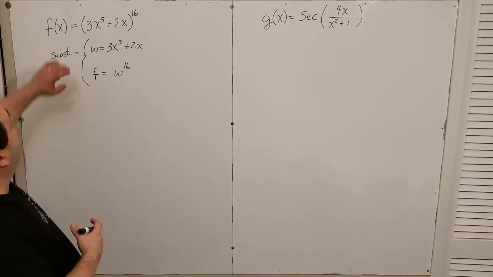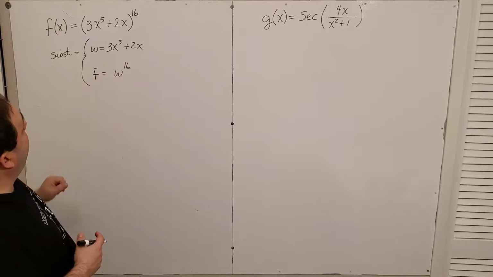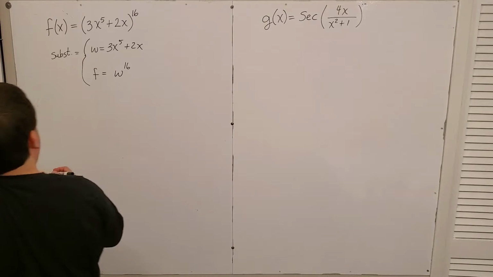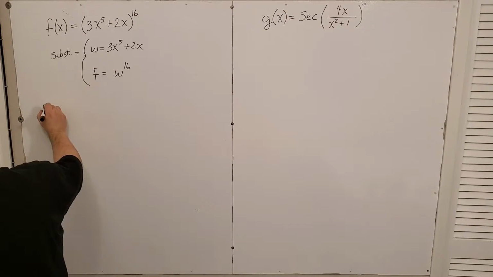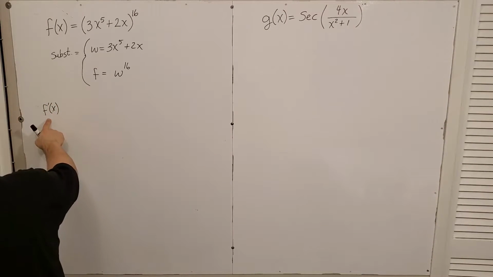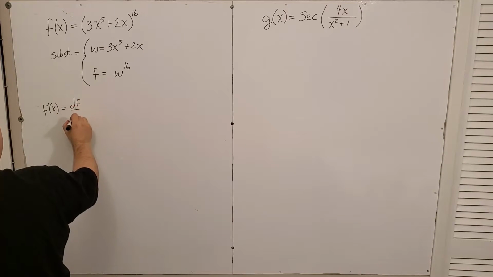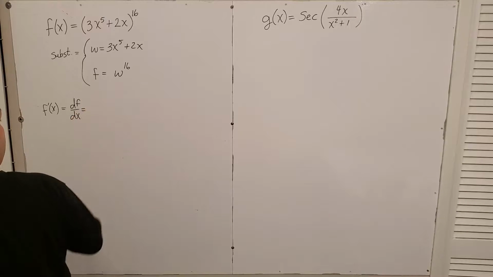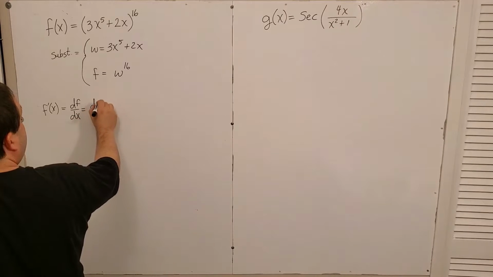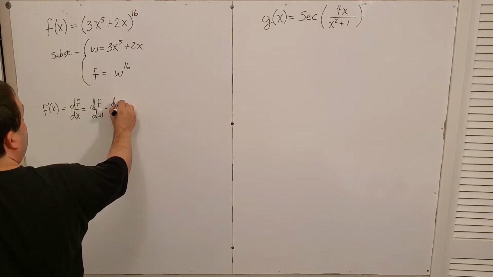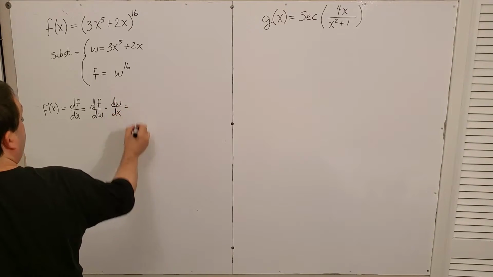So now that I have it all split up like this, I'm going to work out the separate derivatives, right? So f prime of x, that's our goal. Don't forget that that's df/dx. So what we're really going to do is df/dw times dw/dx.